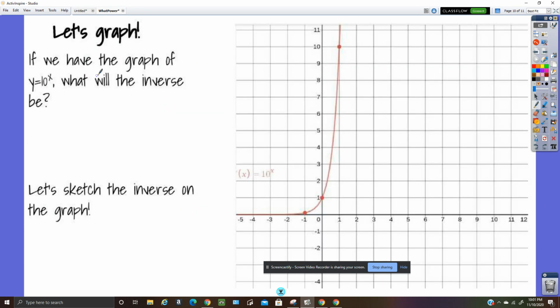And then slide 10. If we have y equal 10 to the x, what will the inverse be? It would be log base 10 of x equal y. So (0, 1) becomes (1, 0). And then (1, 10) becomes (10, 1).